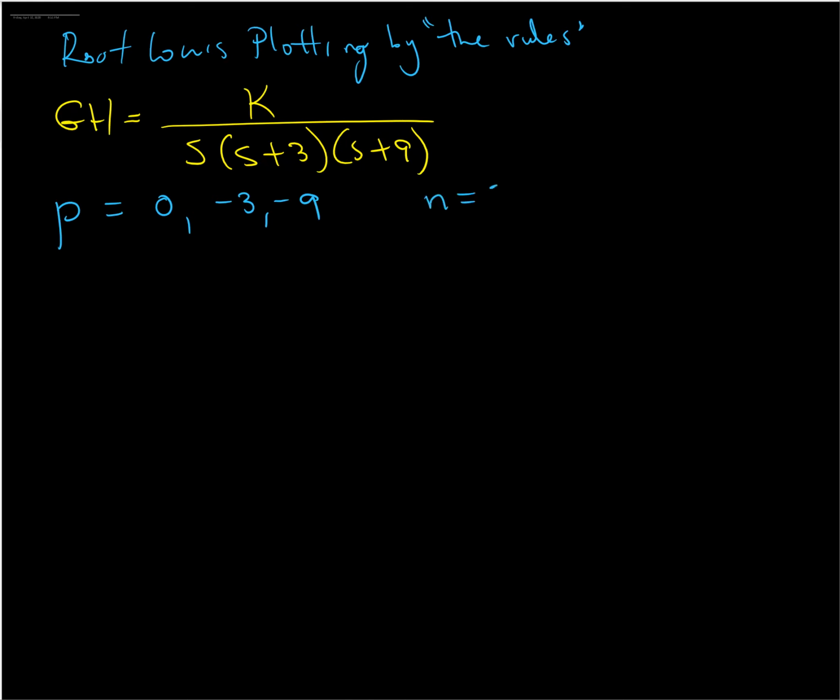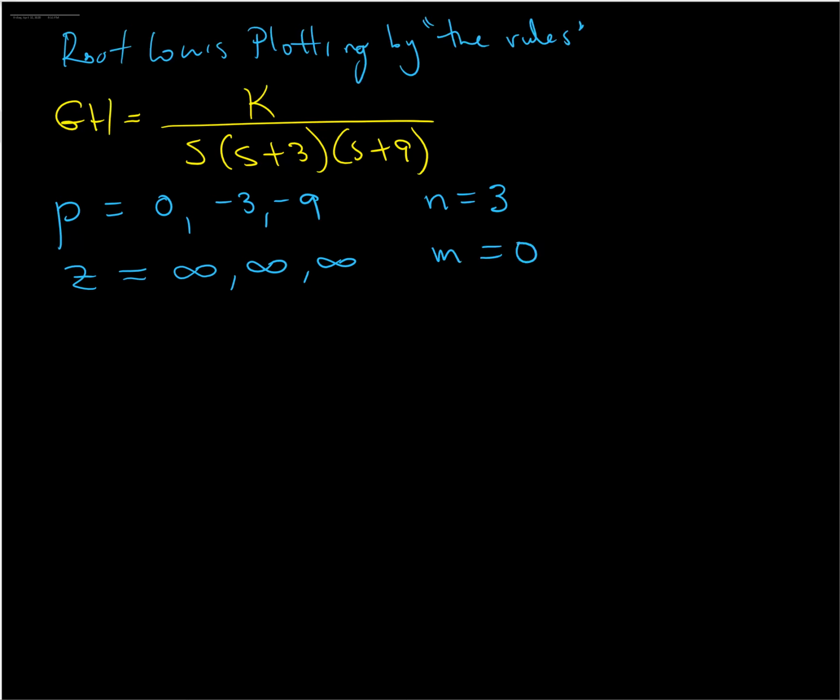Now for my zeros, I don't have any explicit zeros, so therefore they must all be at infinity, and there has to be the same number as there are poles, but we don't count the infinity zeros when we do the count.